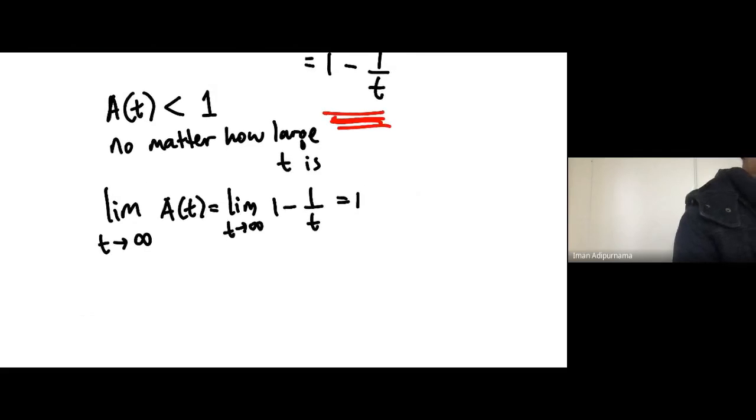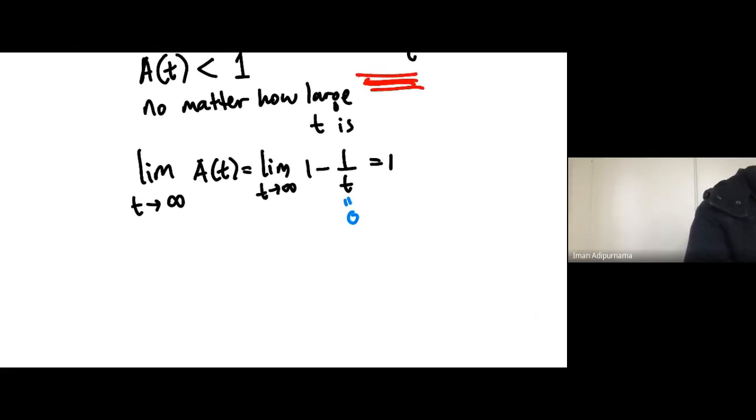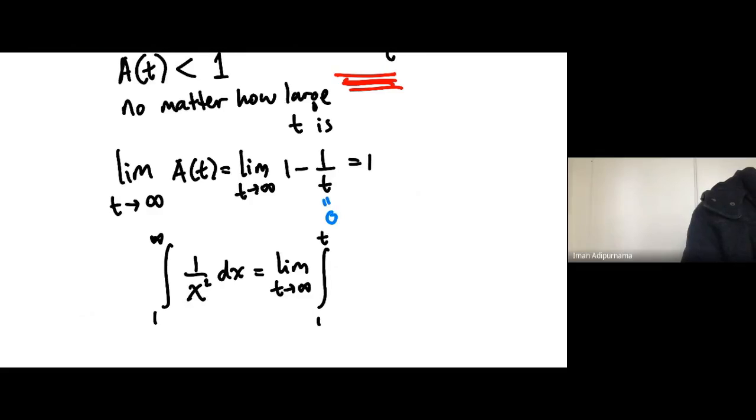Because 1 over t, when you approach limit to infinity, it becomes 0, right? If we have this kind of problem, we can write adding the limit and then write down the functions.